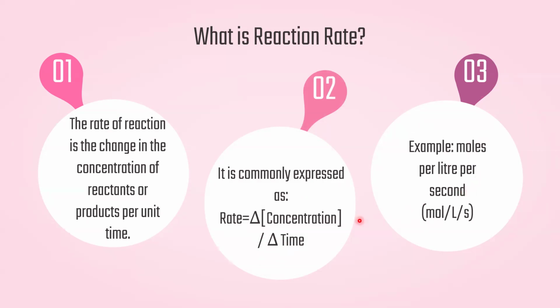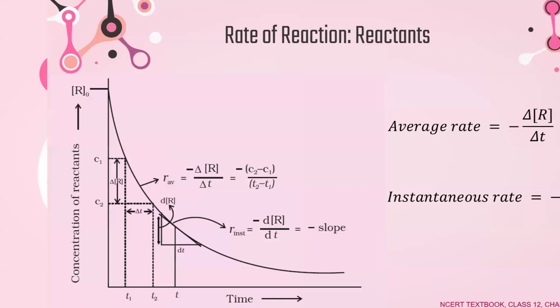Mole per liter is the unit of concentration, and per time is the second. So this is how we express it.